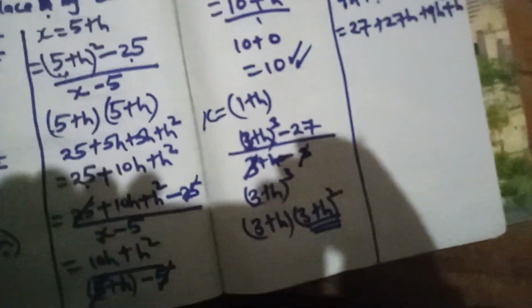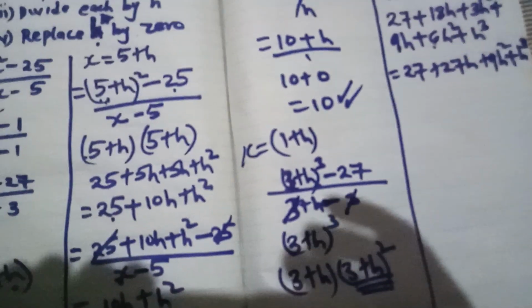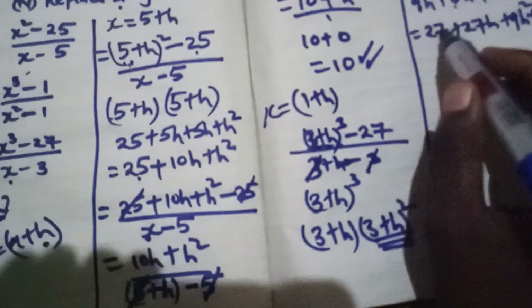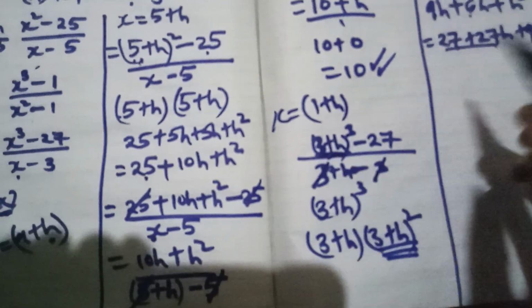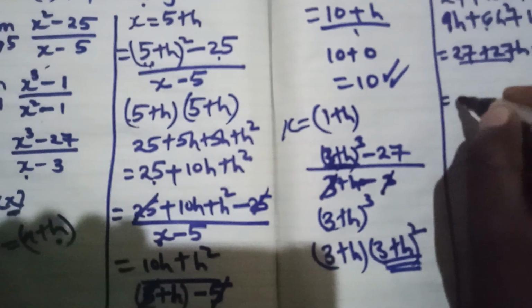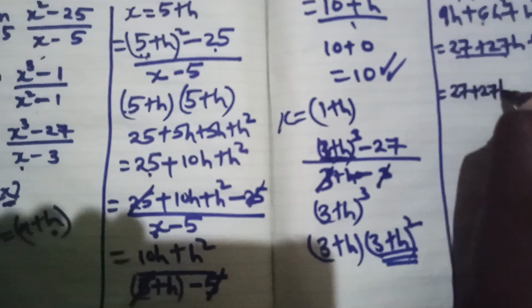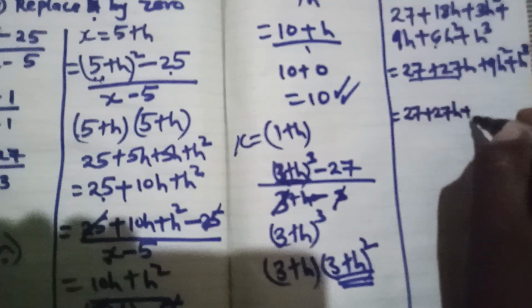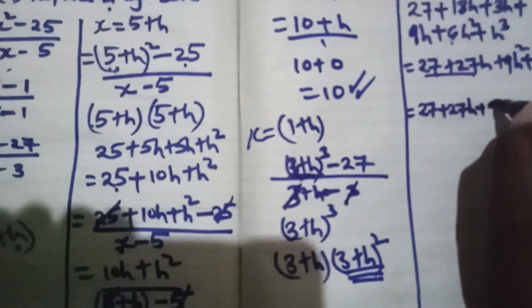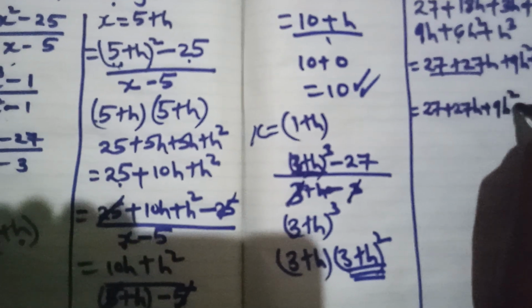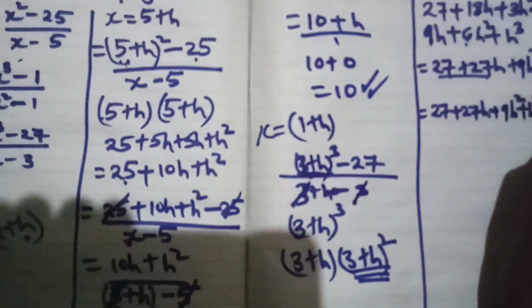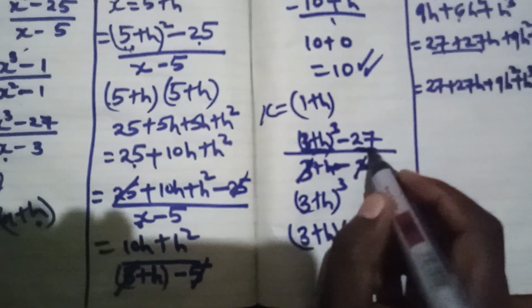Okay, now this is what is here. This one is the value of this one. So we replace by saying it's going to be 27 plus 27h plus 9h squared plus h cubed minus this one, 27.